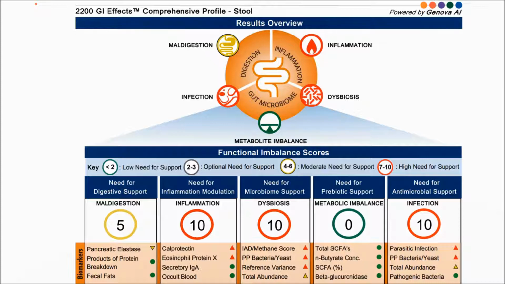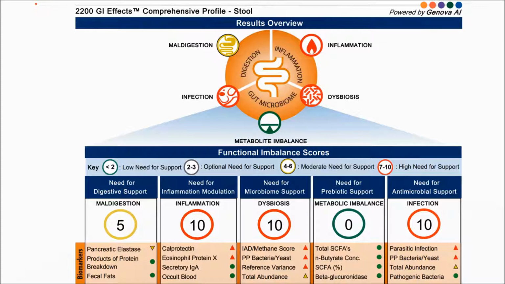So the fecal fat would be high in someone who's not digesting properly and has maldigestion. My point here, looking at this summary, is that there are many different things you're going to learn about your gastrointestinal function by doing a comprehensive stool analysis. So one thing is digestion.